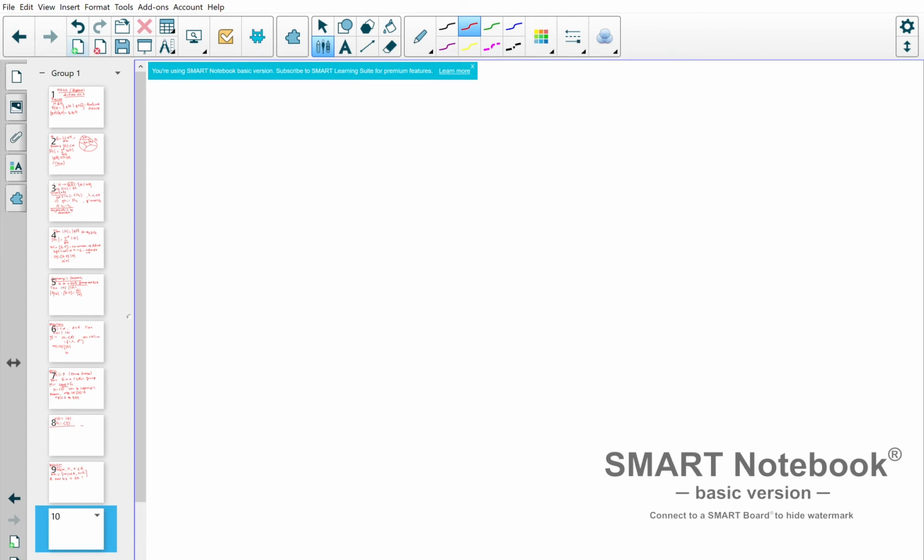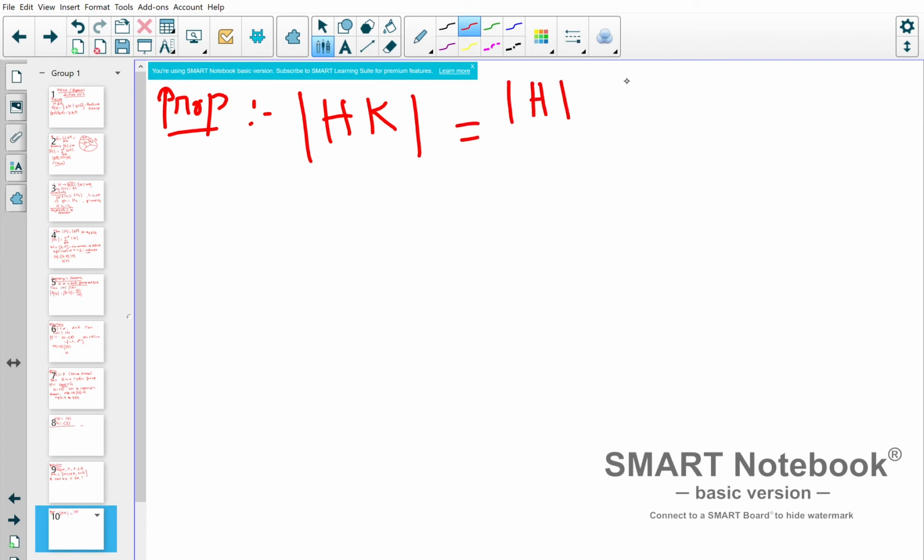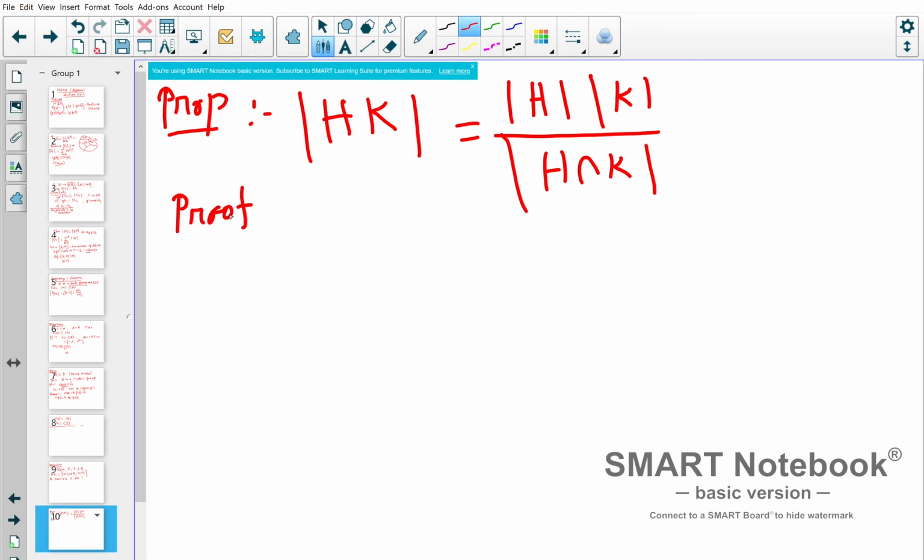The proposition is a very nice identity. The number of elements in HK is the same as the number of elements inside H times the number of elements inside K, divided by the number of elements in the intersection H intersection K. Okay, you need a proof, obviously. So don't believe anything without a proof.